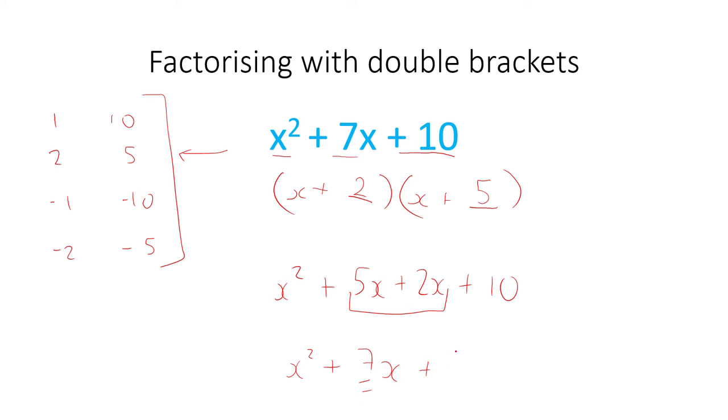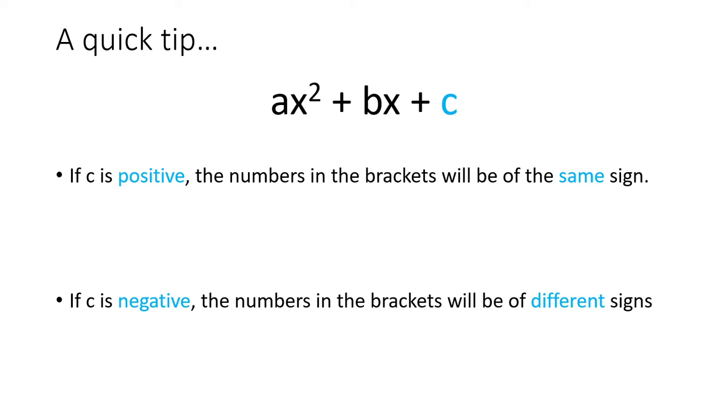So when we collect like terms, it will be x squared plus 7x plus 10. So what we did was write x in both brackets, then think about a pair of numbers which multiply to give you that constant term, and add to give you that middle x term.